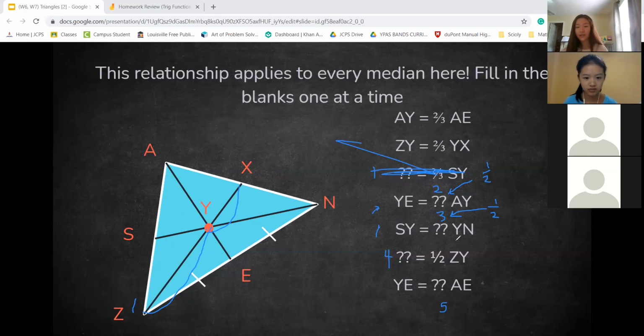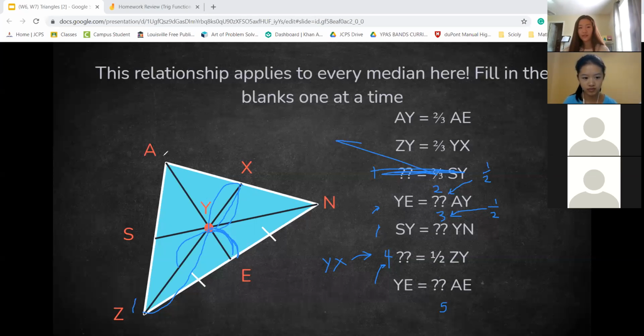So in number 2 and number 3, the 1/2 part was missing, but on number 4, the 1/2 part is there, and we just don't know which line segment we're talking about. And here it would just be YX, since half of ZY is the same length as this. So this is YX. And then the last one, YE is here.